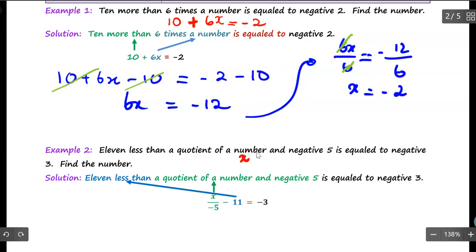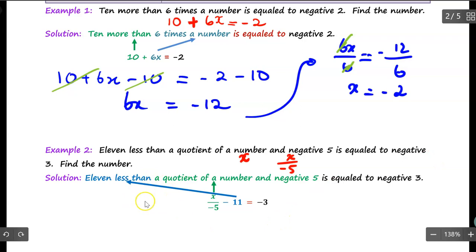A quotient of a number and negative 5, so that means I'm talking about x divided by negative 5. Okay, and 11 less than this quotient, that means I have to place the subtract 11 after this. And it's equal to negative 3.